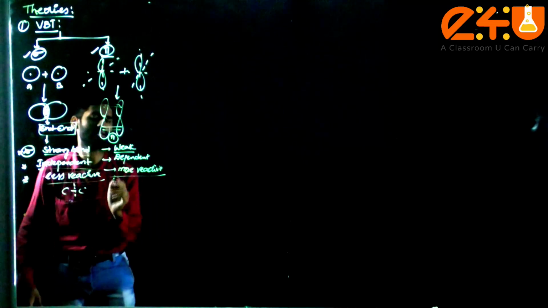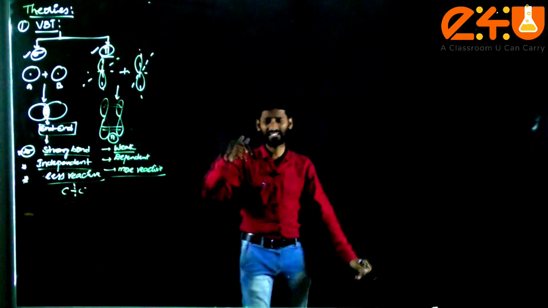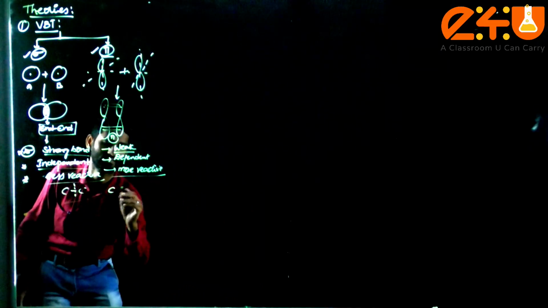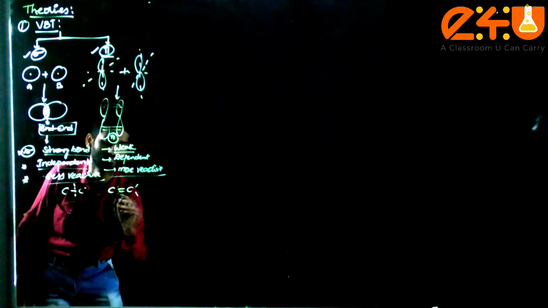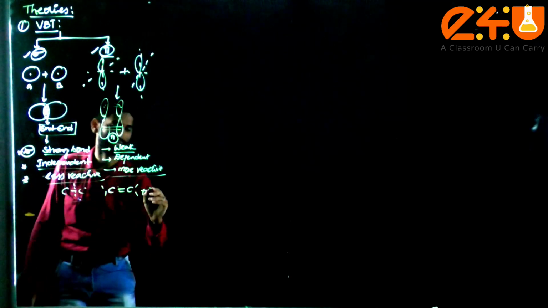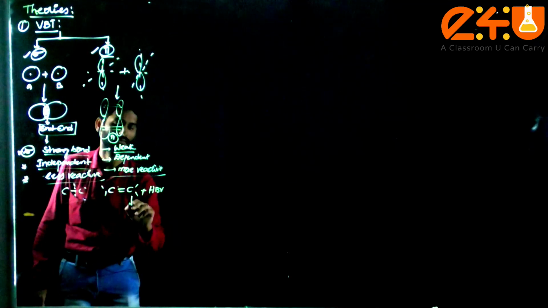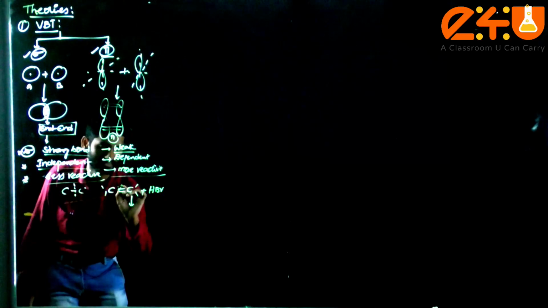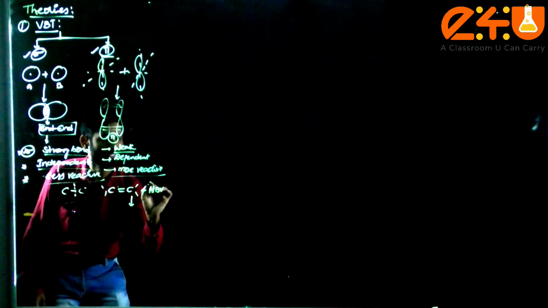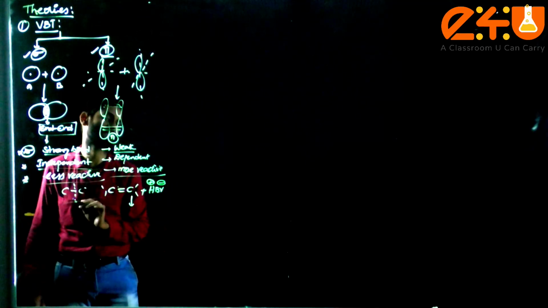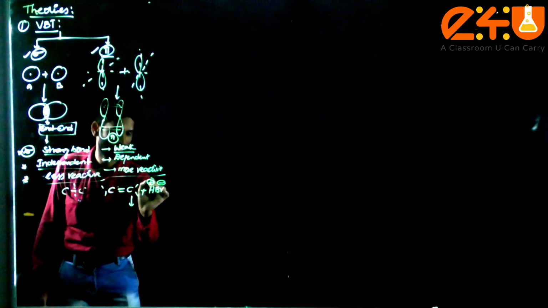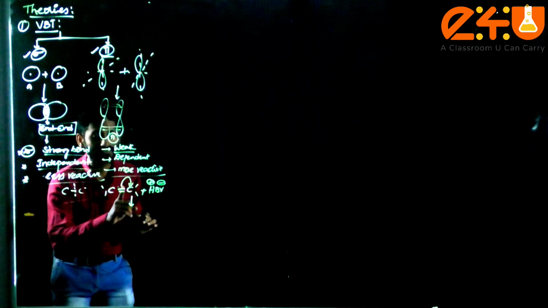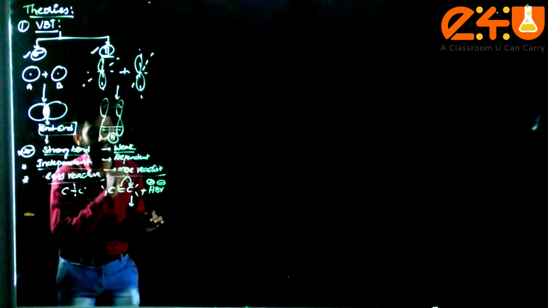You might have observed in organic chemistry, in electrophilic addition reactions, for example, C double bond C, if I add HBr, this is called an addition reaction, electrophilic addition. First the H plus, the positive part, will come and attack, and the double bond will shift. Here a bond is there, and here also a bond is there.